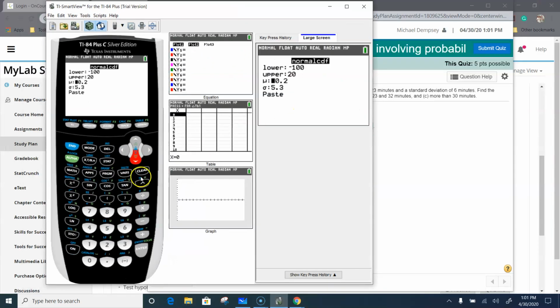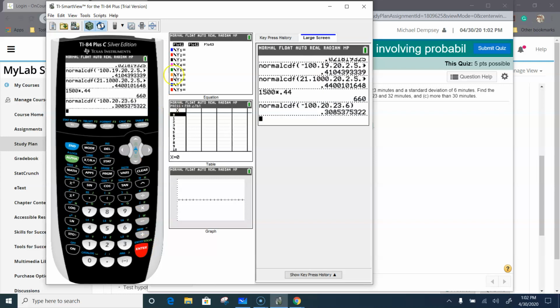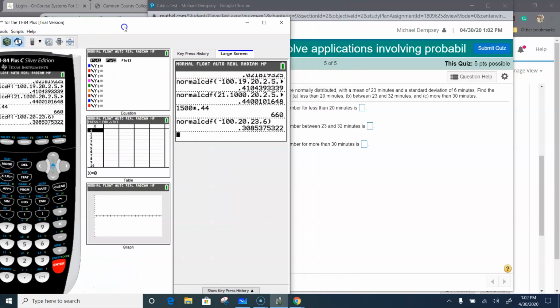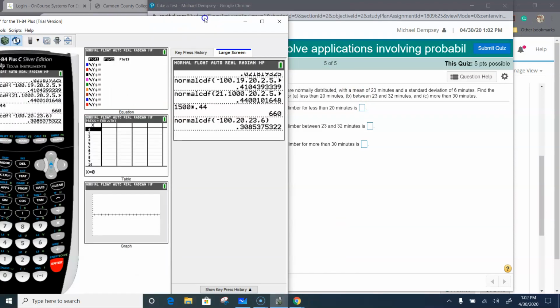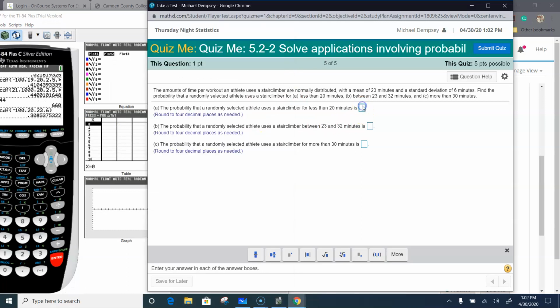Okay. So I get 0.30. Let's see how many decimal places they want. 4. 0.3085. Between 23 and 32.